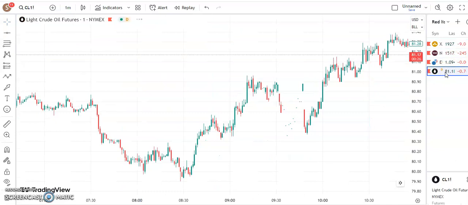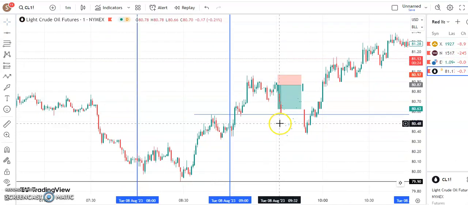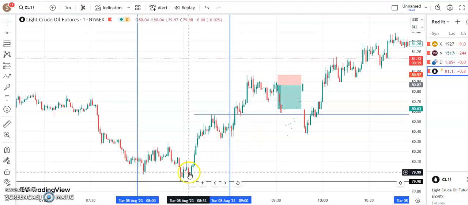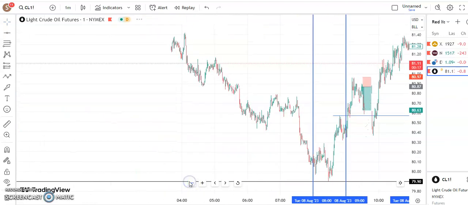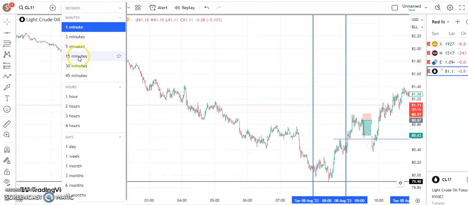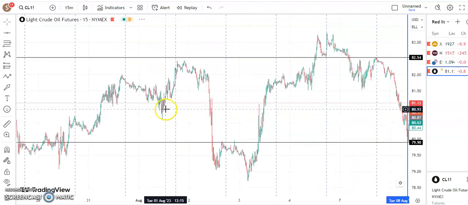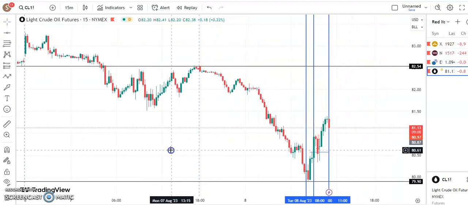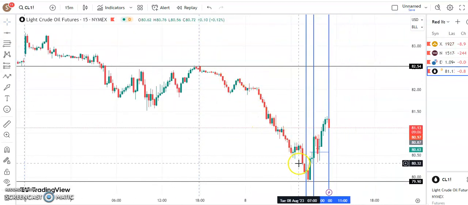Let's look at oil. Oil was another one that it was in 3 minutes. 1, 2, 3. So how do we go about this? Now we have this market breaking down. Don't worry about the noise. We have this market breaking down, right?